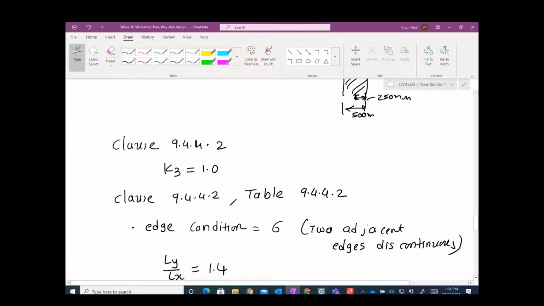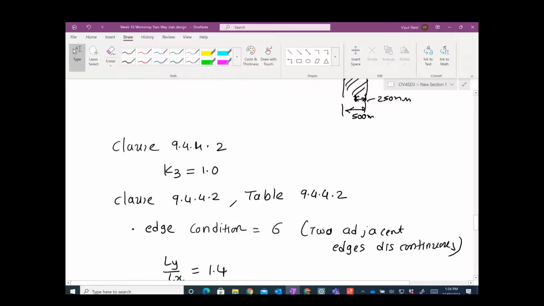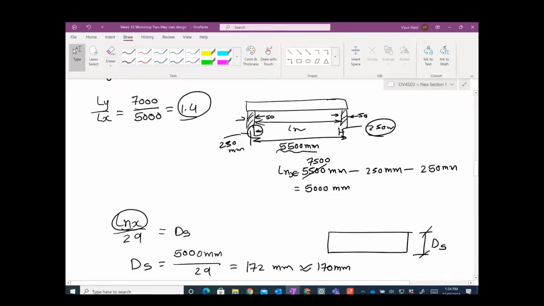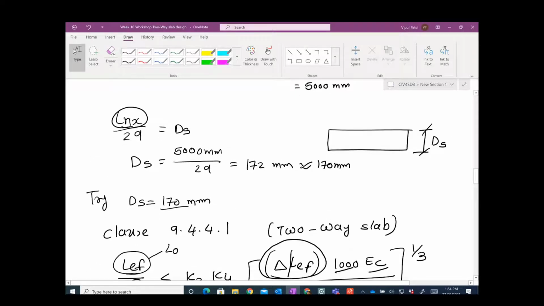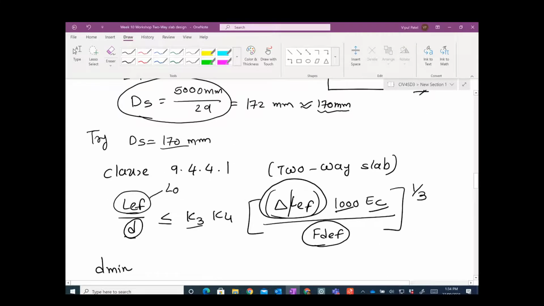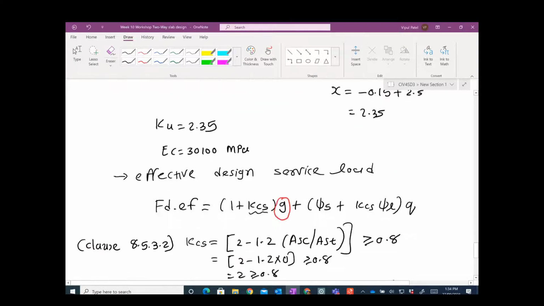That, by the way, is 170 millimeters. Remember, ln over 29, so 170 millimeters.